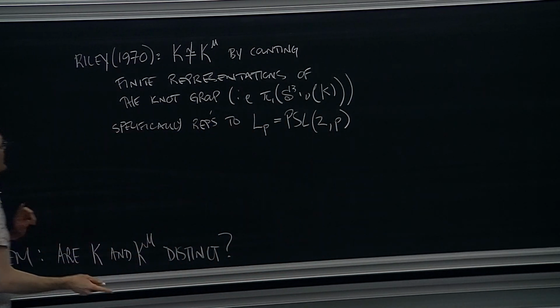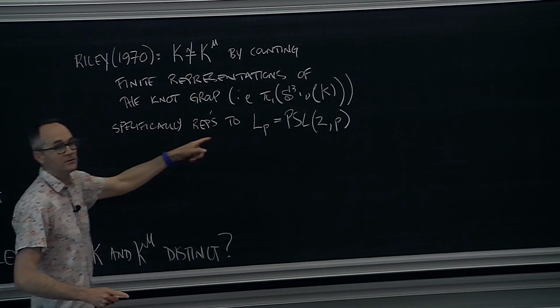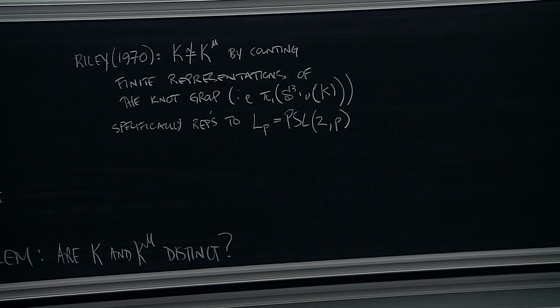And I think why he was looking here traditionally is that L_5 is the alternating group A_5, and Crowley had shown that that was a fruitful place to look for representations to distinguish knots.